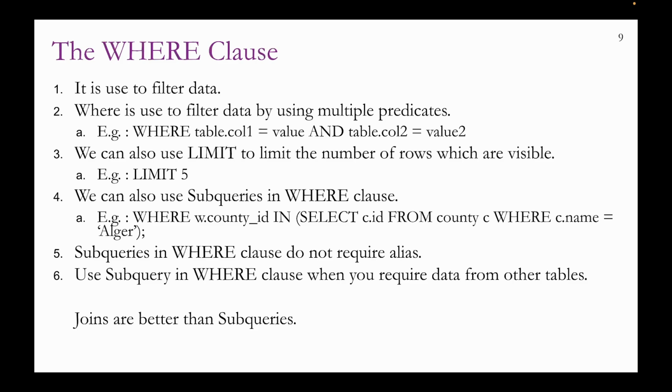For example, we have a column name in our given table and we want to find only rows of a particular name, say Ash. So we write where table dot name equals Ash. Like we only want data from the person named Ash.